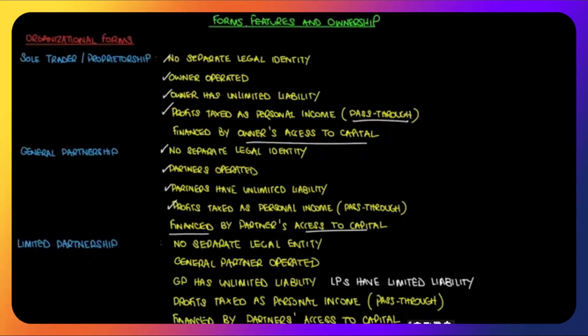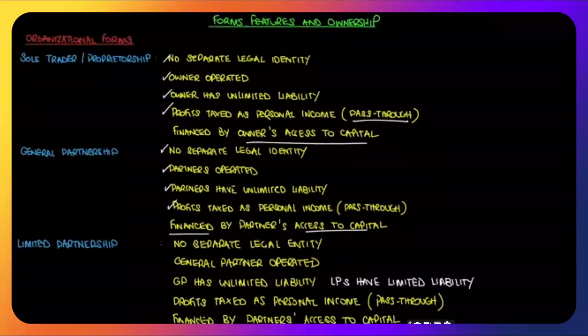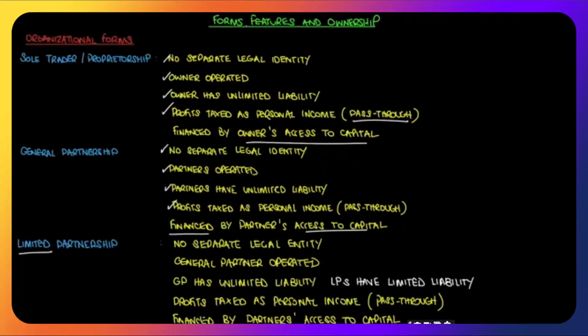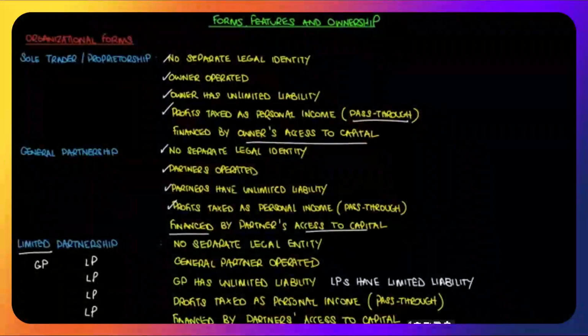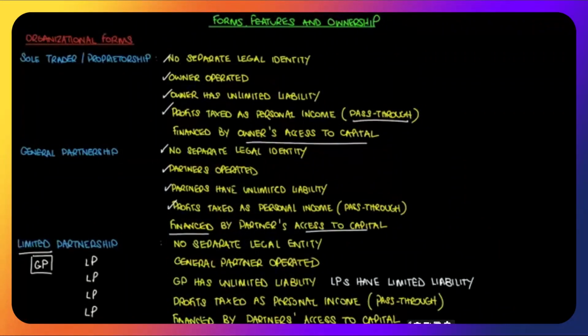Let's get slightly more involved with a limited partnership. Here we'll have 2 different types of partners: the general partner and several limited partners. Once again, a limited partnership is no separate legal entity. Nothing else exists other than the partners, but it is operated by the general partner.